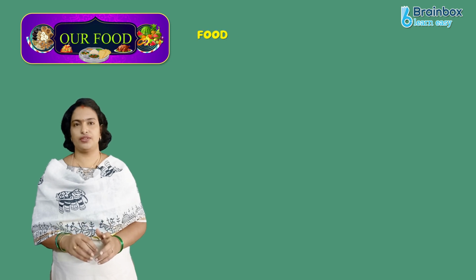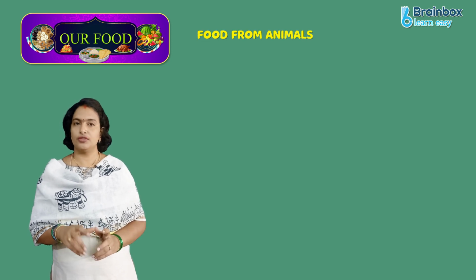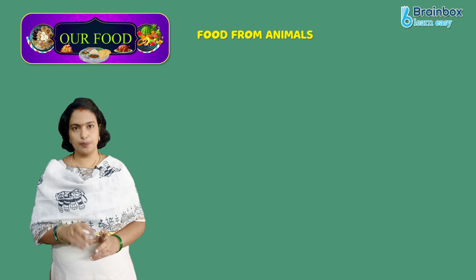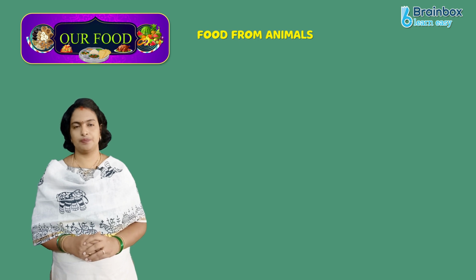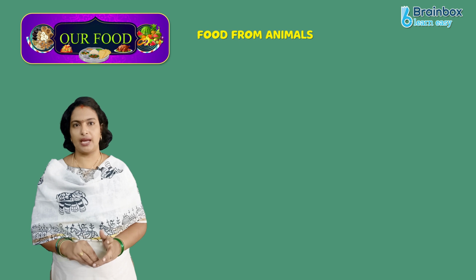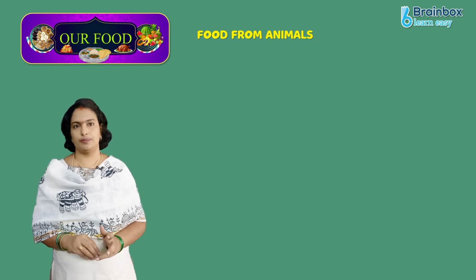Coming to the food from animals. We all know that food is the important energy source for all the living organisms. So humans consume food not only from plants but also from animals in cooked form.